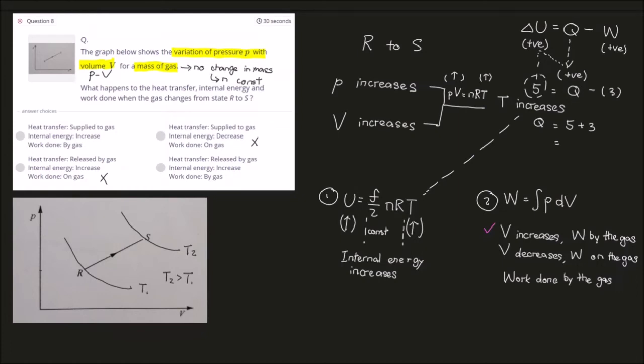You might need to take some time to think about it, but knowing that delta U and W are both positive, then you know that Q should be positive as well. It's just mathematics. So with that, you can see that Q is positive, meaning heat is being supplied to the gas.